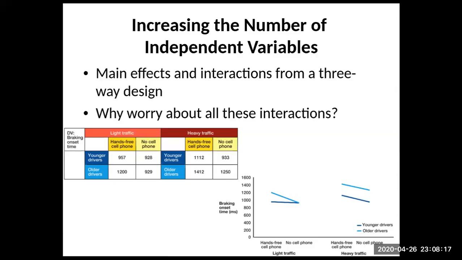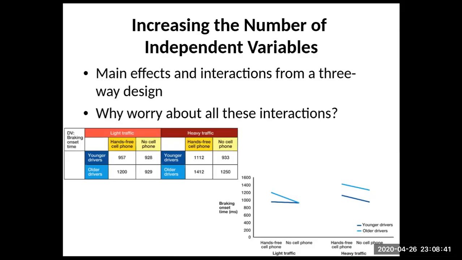In light traffic, there is an interaction between cell phone and age of driver. In heavy traffic, there is no interaction between cell phone and age of driver because they are parallel lines. But is there a 3-way interaction?